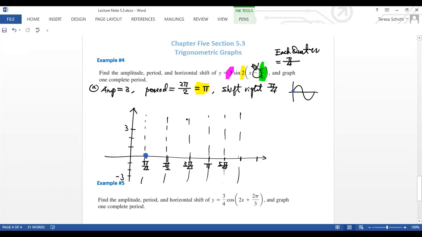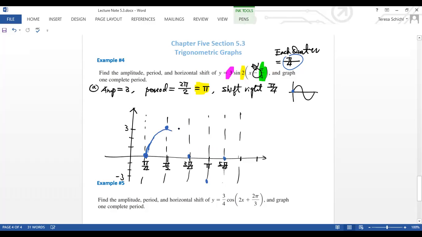Because the period is pi, each quarter is pi over 4. So my graph is going to run up to here, then go down here, then go down here, and go up here. This is what my graph is going to look like.